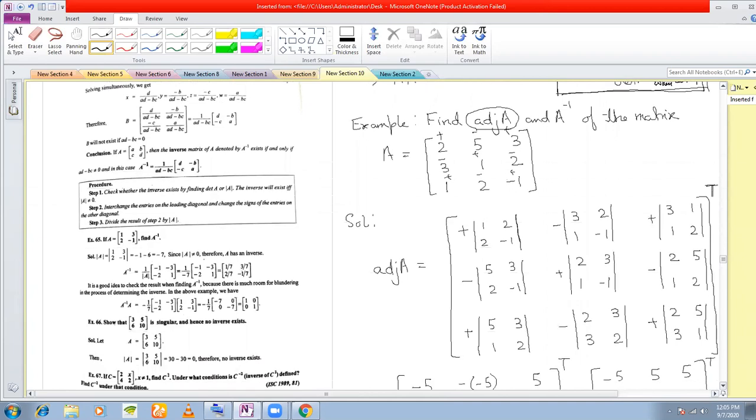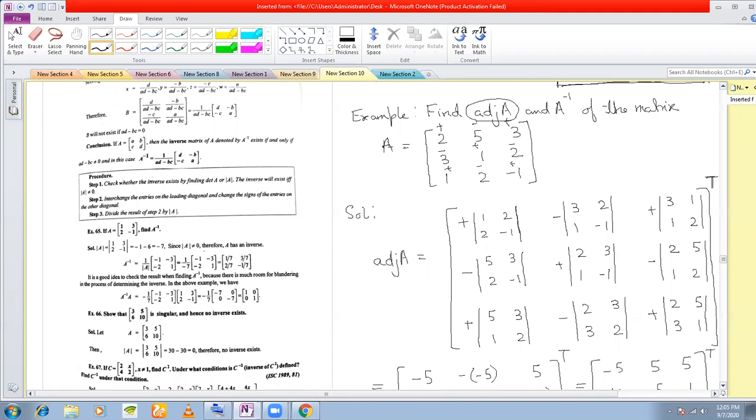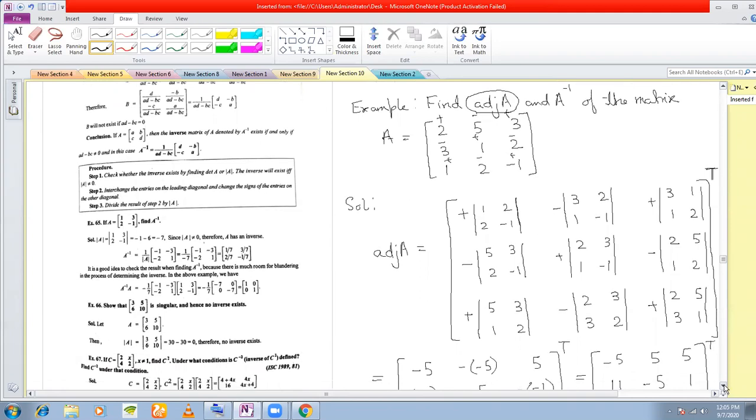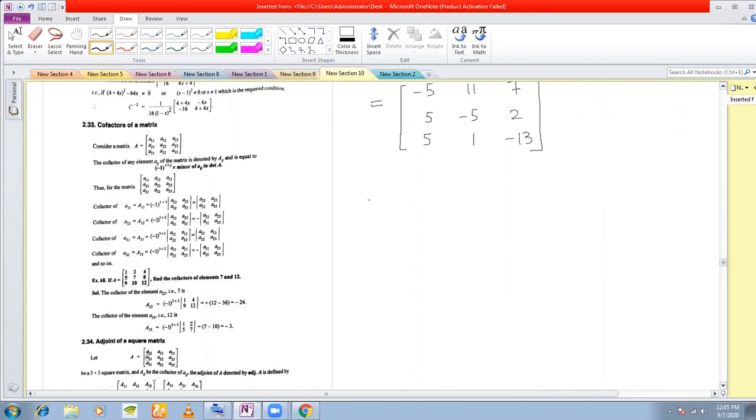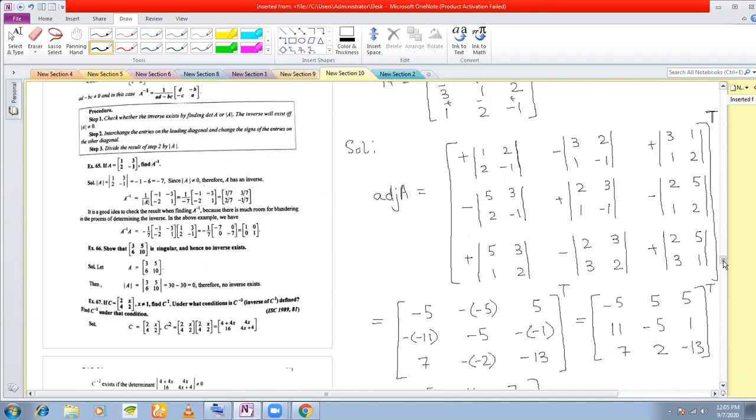Once we have found the adjoint, now we want to find the inverse of the matrix. So you first find the determinant value of the matrix. If this is the matrix A, what is the determinant of A? What was initially our matrix?